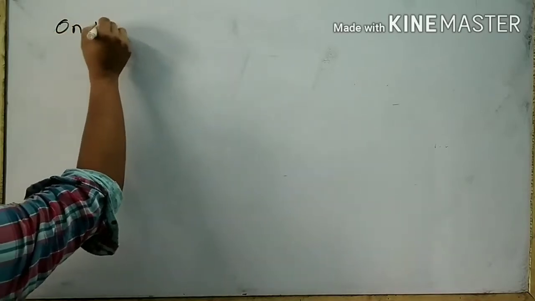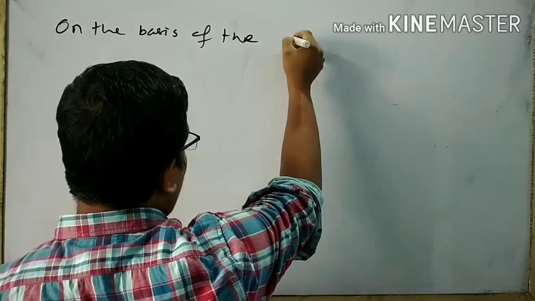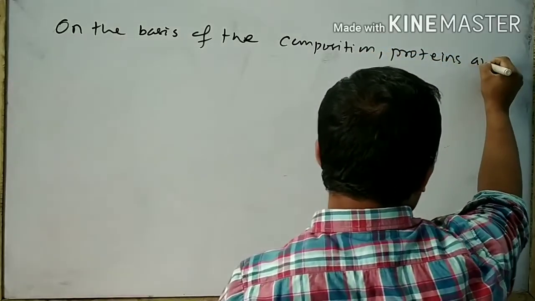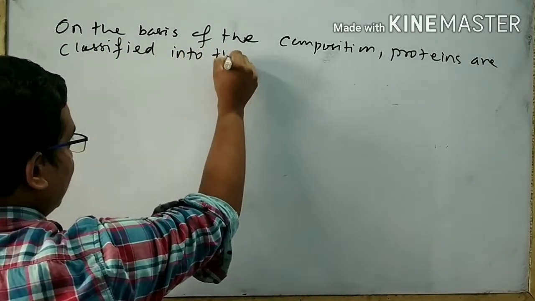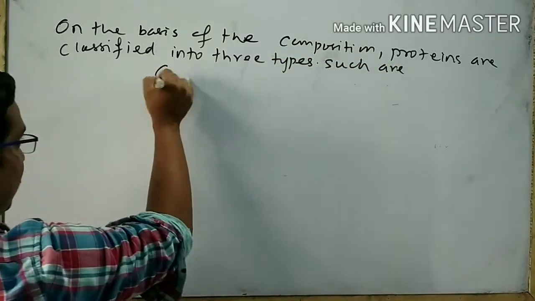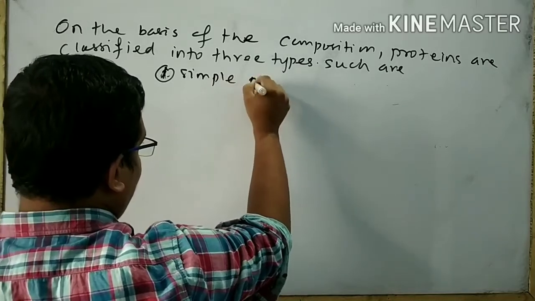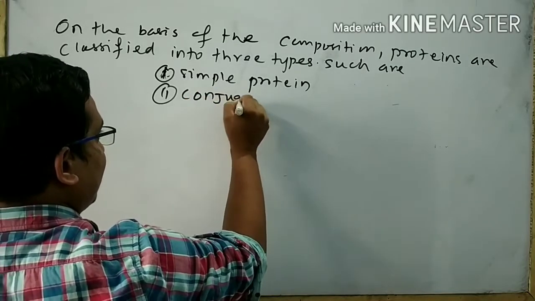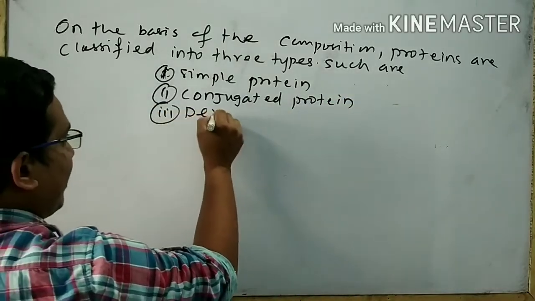So we can write on the basis of the composition, proteins are classified into three types, such as number one is simple protein, number two is conjugated protein, number three is derived protein.